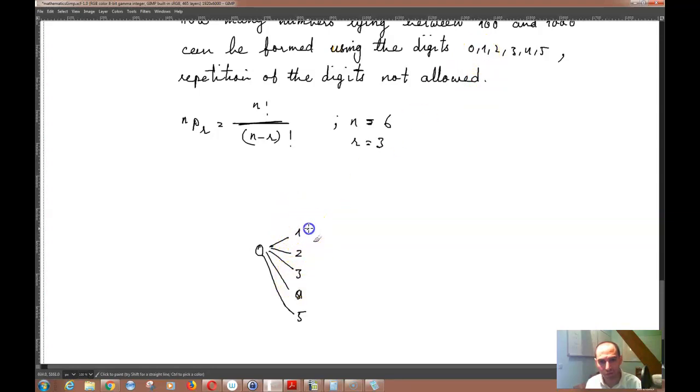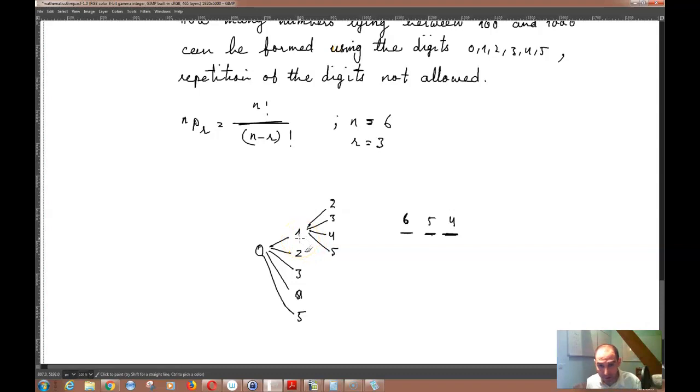That means that for these 3-digit numbers you would have 6 different ways to fill this place value, 5 different ways to fill the next place value, and 4 different ways to fill the last place value.